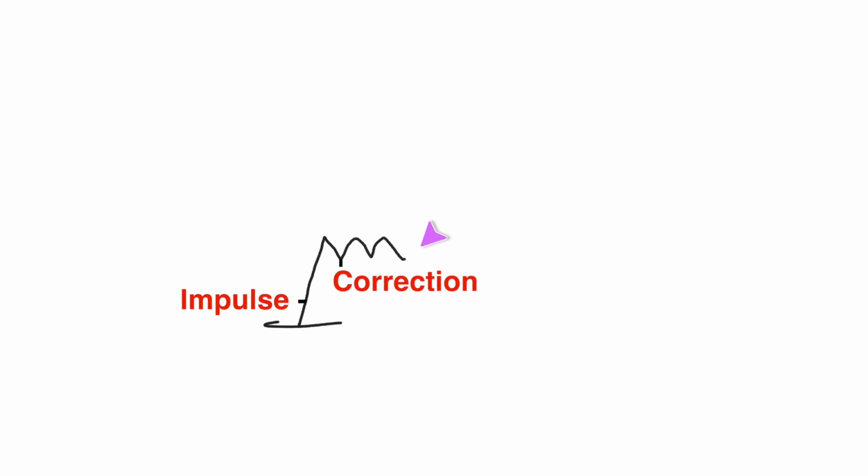So let us assume the market is uptrending and the price is moving up. So it will move something like this. It will first move up with an impulse, then it will correct, then if the price or the trend is strong, the price will again move up in the same direction and the price will continue to do the same.